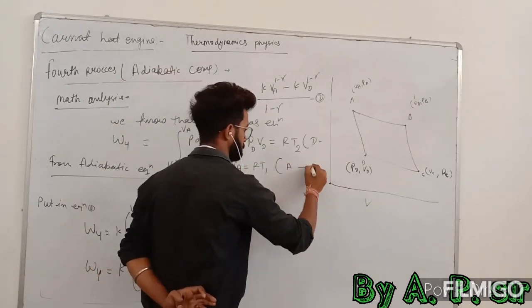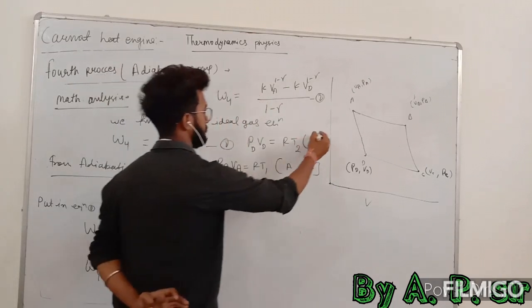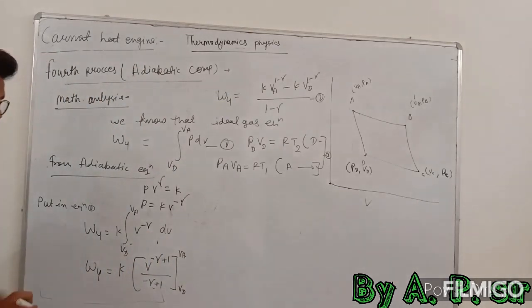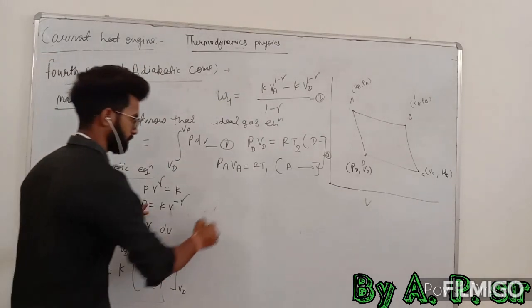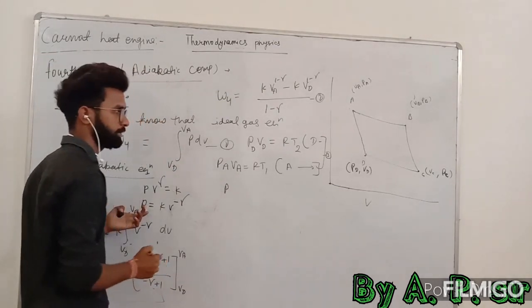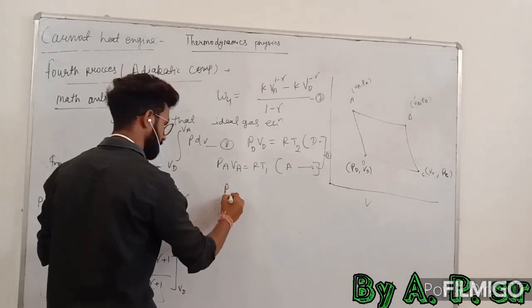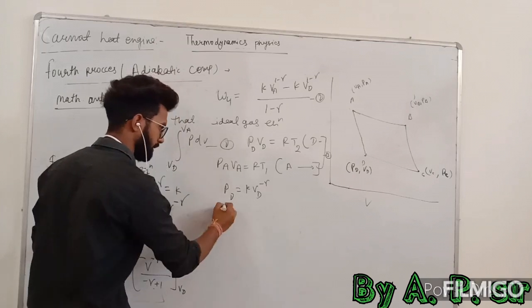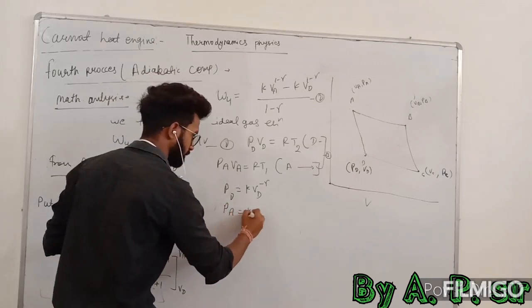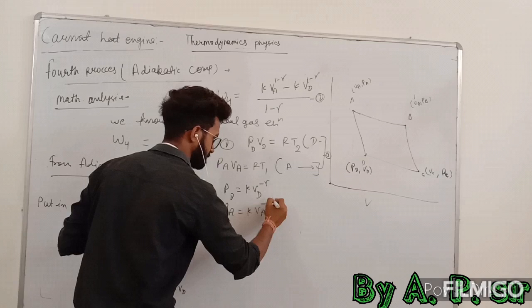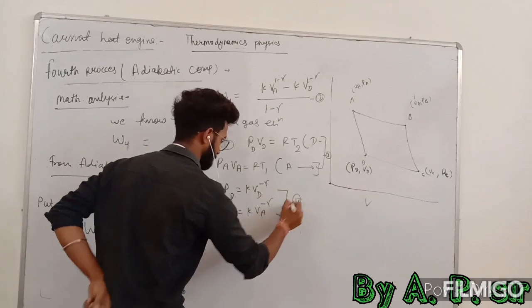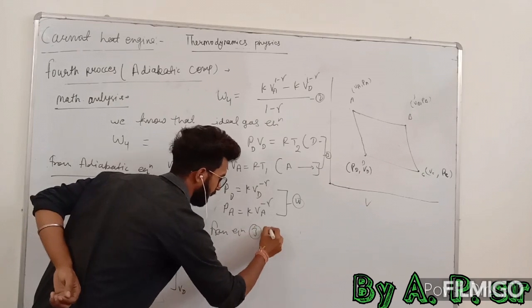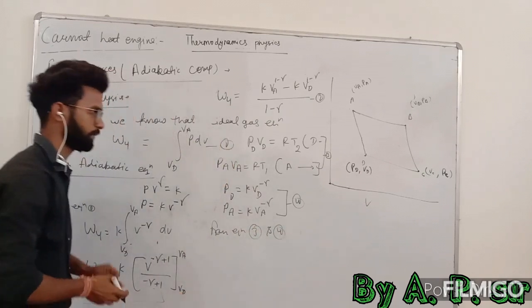This is equation third. For point D, PD equals K VD^(-gamma), and PA equals K VA^(-gamma). This is equation 4.